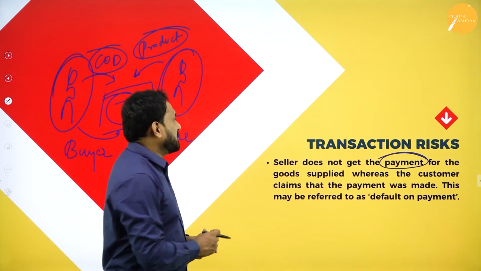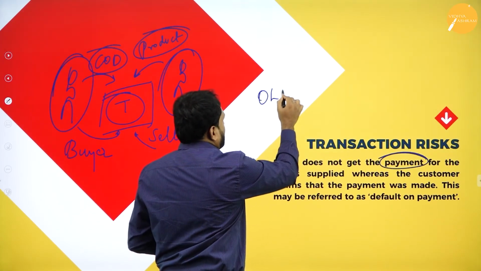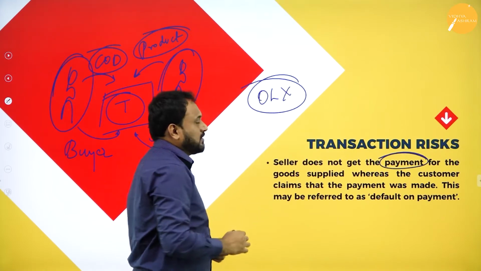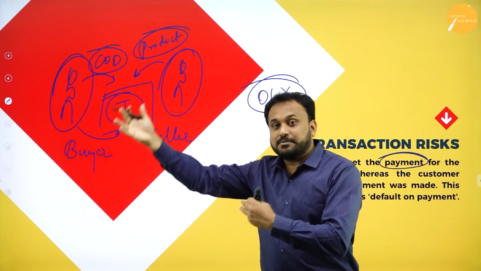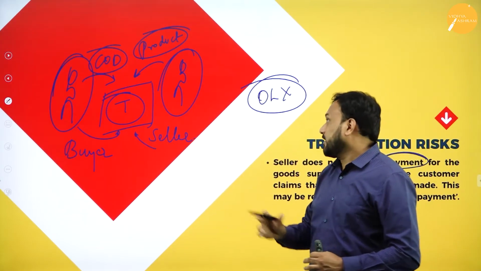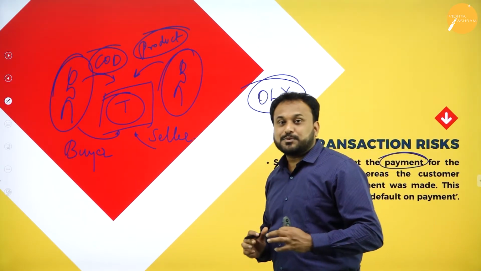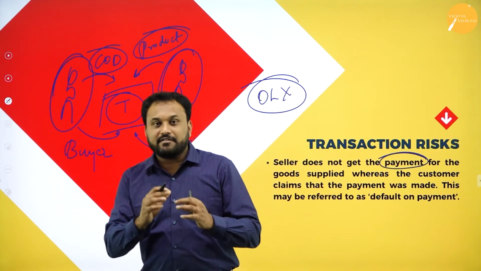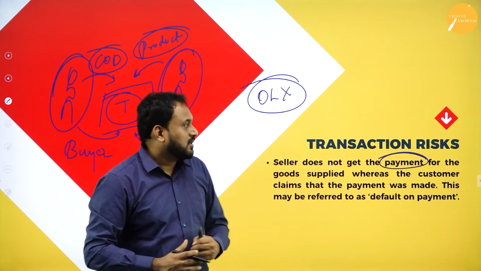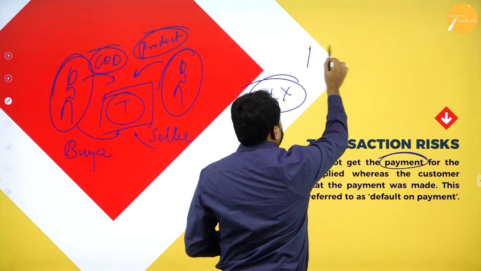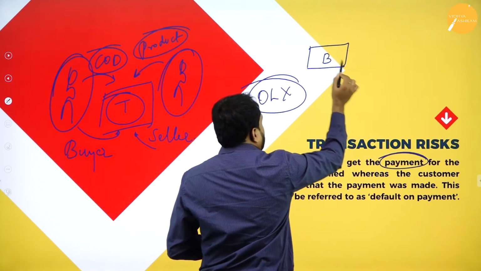I'll give you an example of OLX. I'll give you an example of a random person who has already done this act on OLX. When OLX started, it gave a very good offer. There is a buyer and there is a seller.